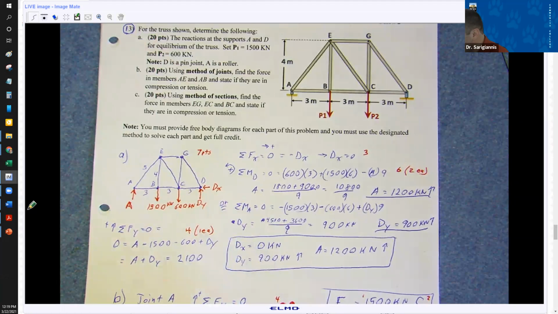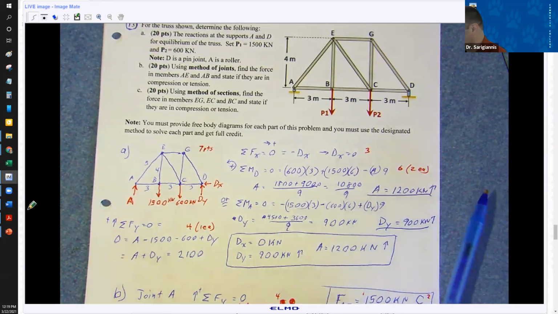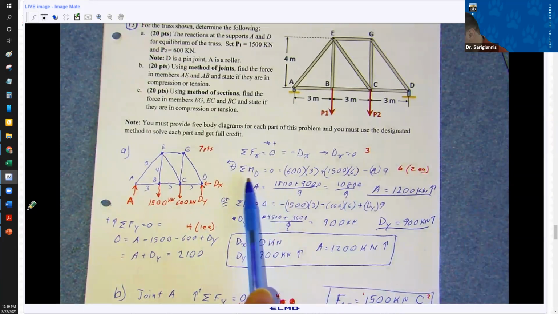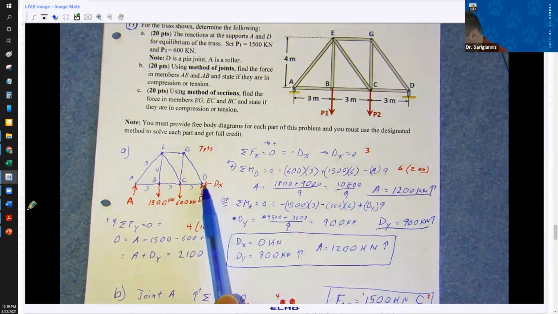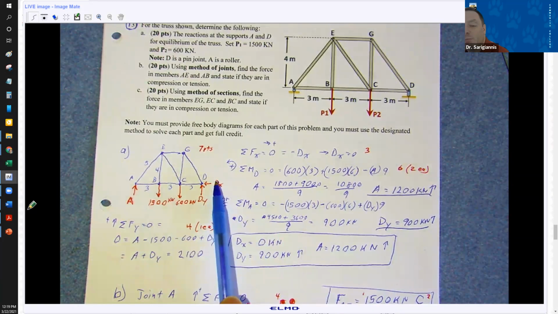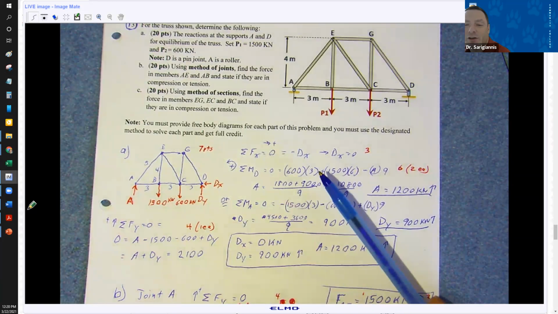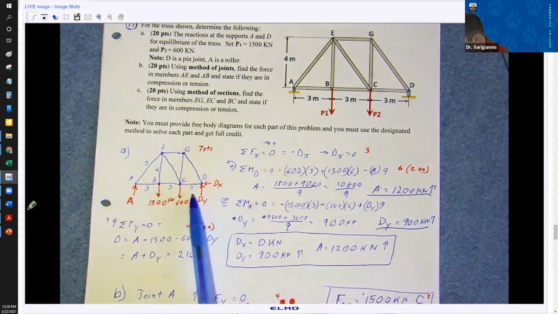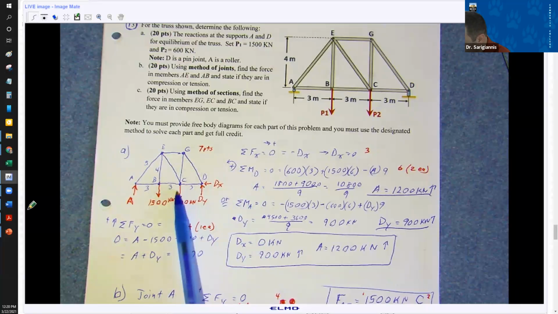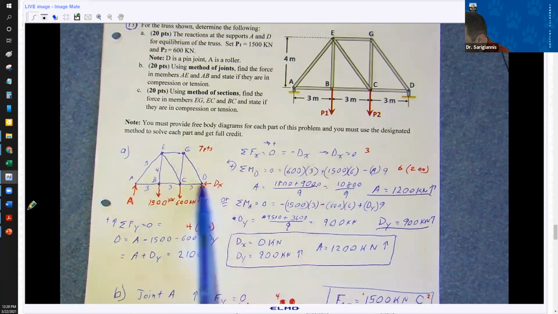And I can't understand, a bunch of people put their variable in here, but switched the values. So the sum of the moments about D equal to 0 means what are the moments generated by these forces about point D, right? And we've got a 600 kilonewton force at 3 meters away, right? This is a counterclockwise moment. We've got a 1,500 kilonewton force times 6 meters. That's again counterclockwise.